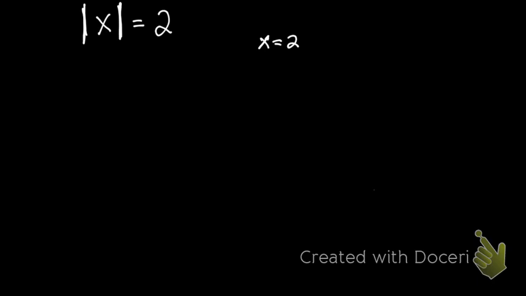Can anybody add on to this? So why is X 2, Dylan? Because that's the absolute value from 0, it makes it 2. So if it said x equals 3, it would be 3, or x equals 4, it would be 4.